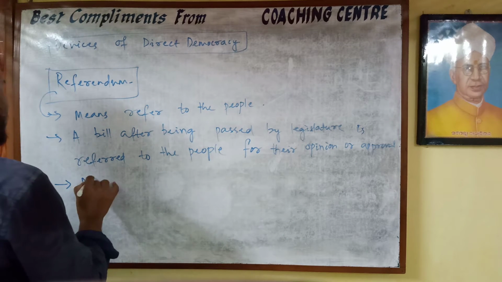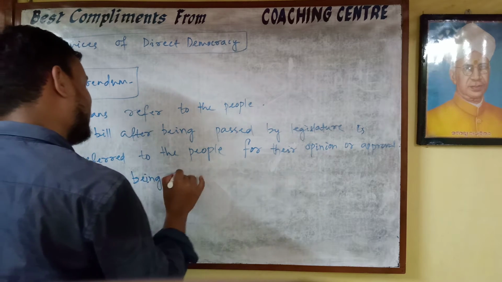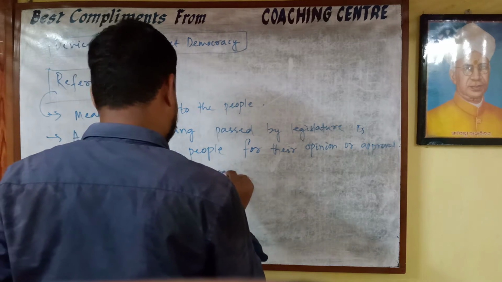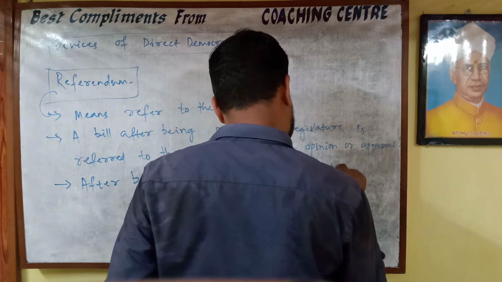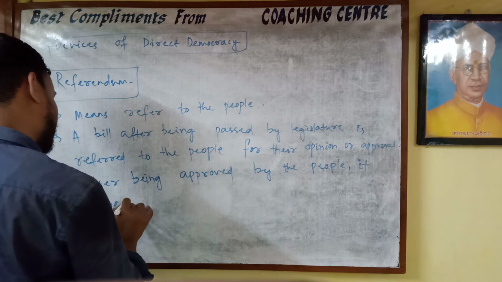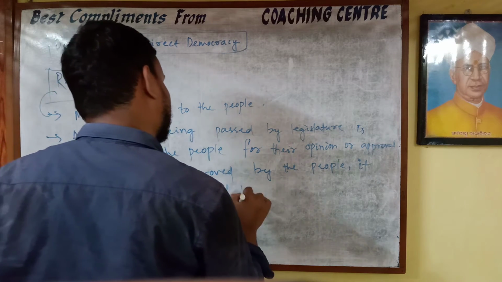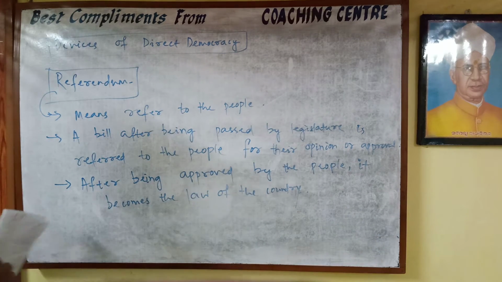If the people approve it, then after being approved by the people, it becomes the law of the country. So this device is known as referendum. This is all about referendum. Are you clear, students?